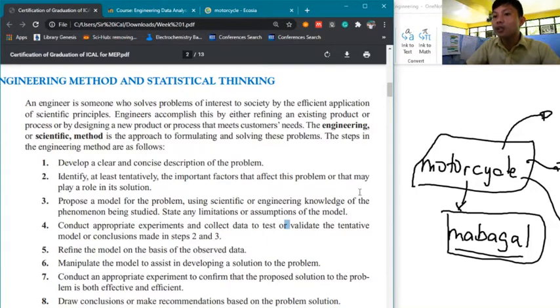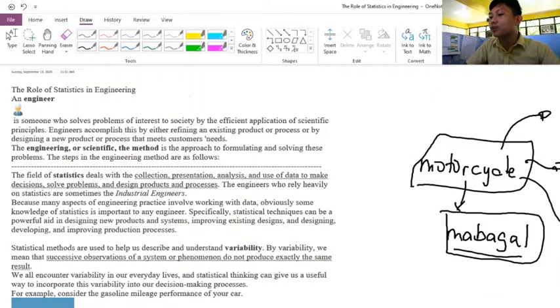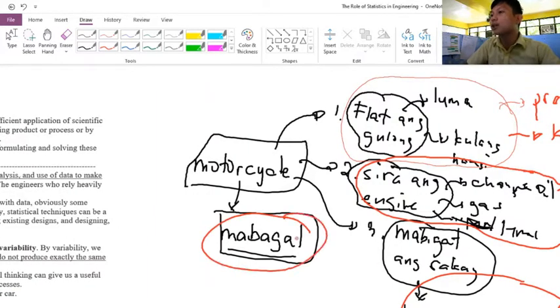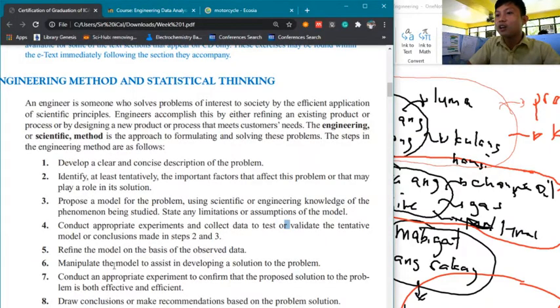Okay. So, sa number 5 naman, refine the model on the basis of the observed data. So, refine the model. This is a very tricky one because, again, maraming factors ang nakaka-apekto kung bakit mabagal yung motorcycle natin. At marami tayong nasulat, di ba, na mga factors na pwedeng nakaka-apekto dun sa motorcycle kung bakit siya mabagal. So, from this data, i-rearrange natin siya in a way na i-rearrange natin yung model on the basis of the observed data.